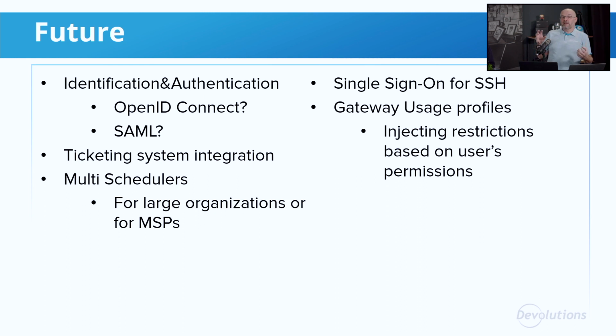So maybe even if that gateway is in tier 1, we will inject, as part of the authentication token, that it can only reach machine .9 in that subnet. Or it can only use RDP, or only SSH, or a combination of both. So we'll adapt the gateway based on the current user. So it's going to be nice, and you'll be able to control what they see, what they can do, what they can use.